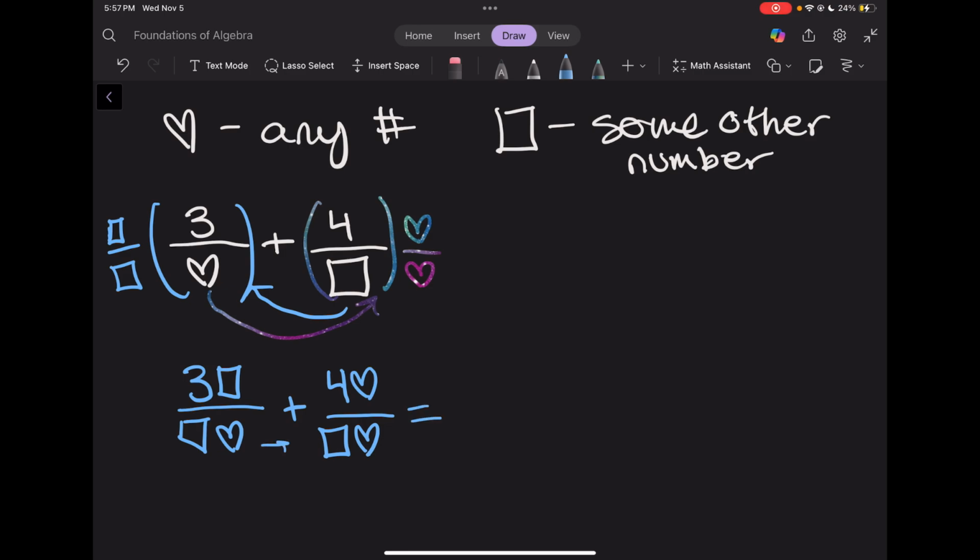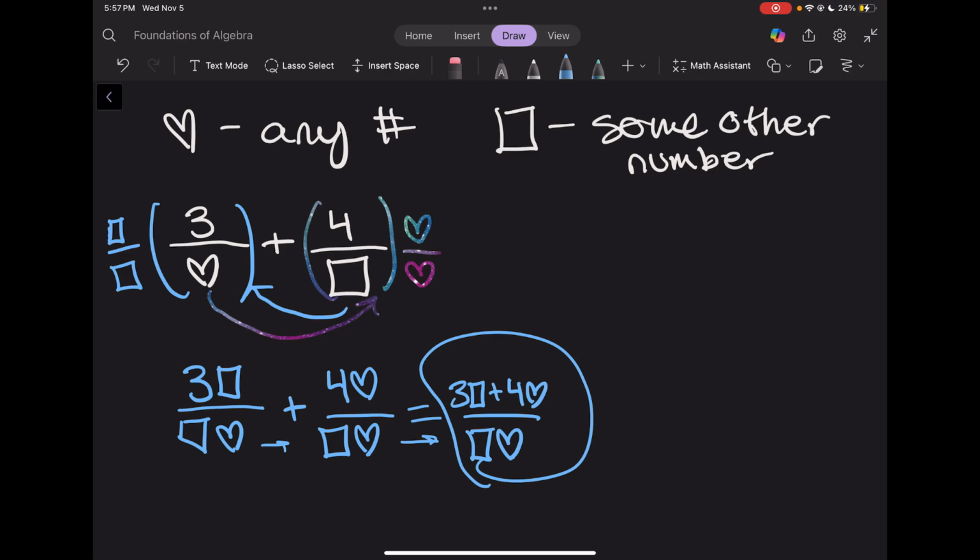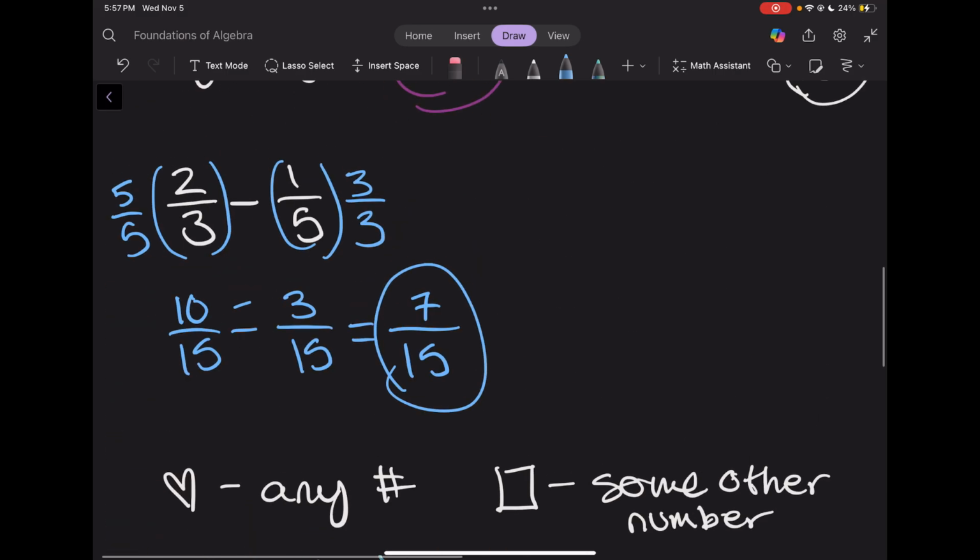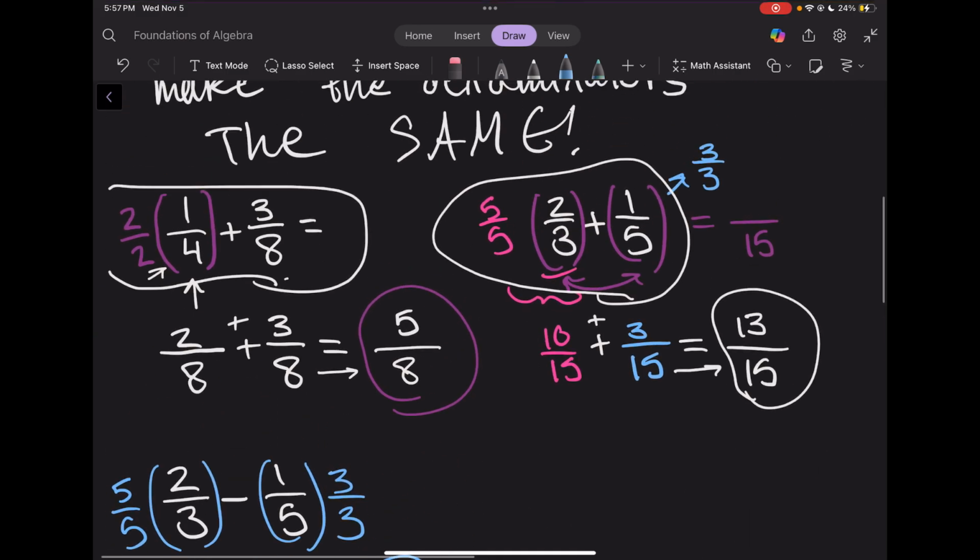And then since these are the same, I'm just going to bring that over, and I'm going to get square times heart. And 3 square plus 4 heart. And that is my final answer. We don't know what square and heart is yet. They're just placeholders for some random number, but if we did know, then we'd get answers like these up here.